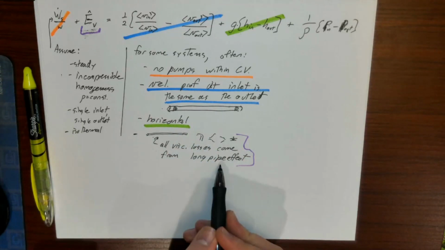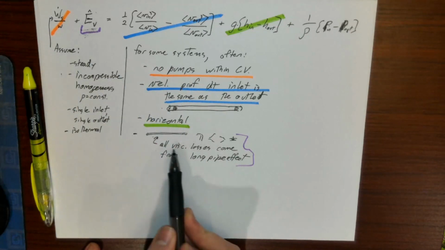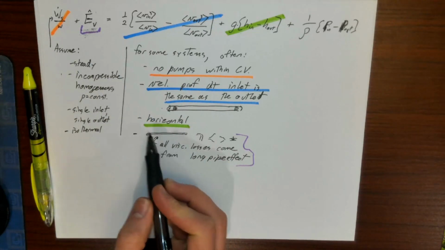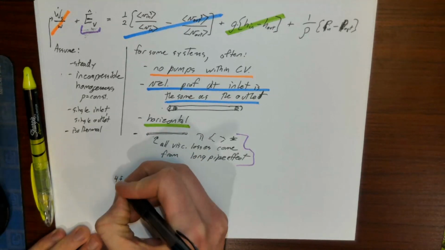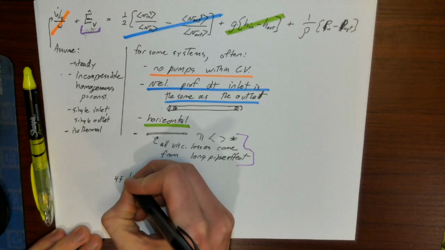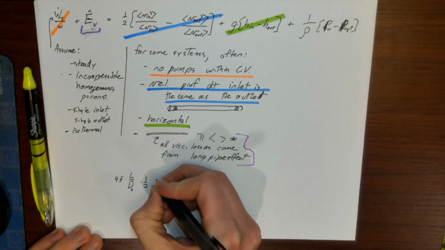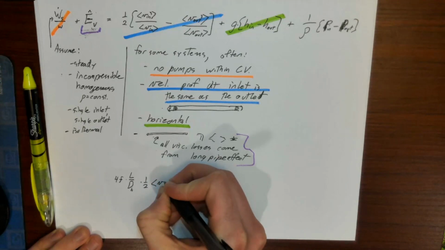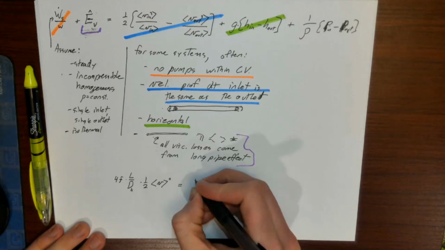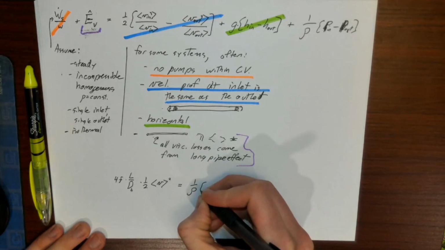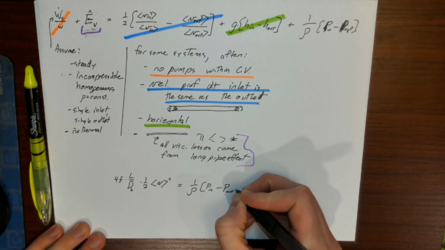When we make that long pipe effect substitution right here, we end up with 4 times the friction factor times the length of the tube divided by the hydraulic diameter of the tube times 1/2 the average velocity in the tube squared is equal to 1 over rho times the pressure at our inlet minus the pressure at our outlet.